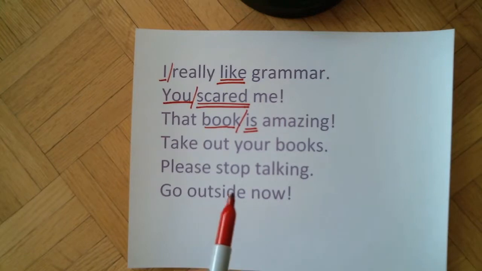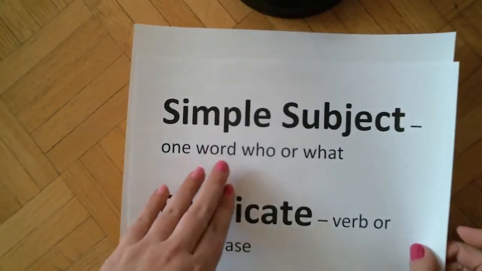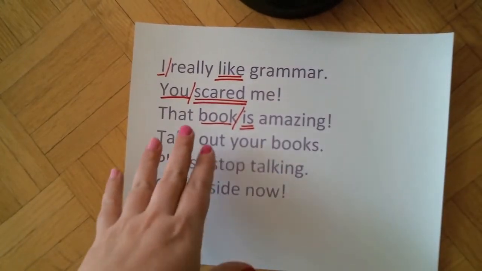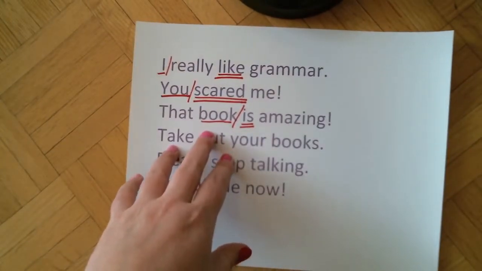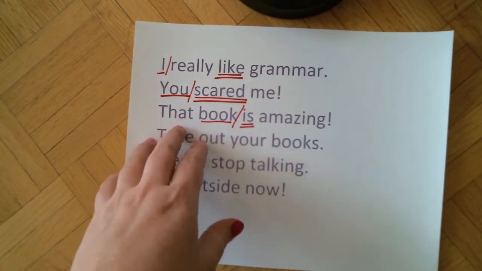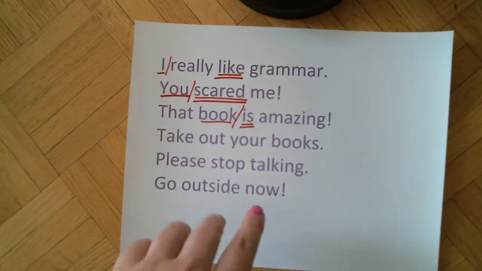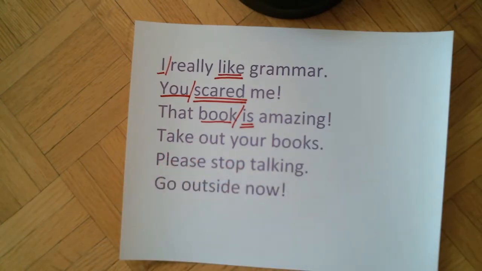Now, I said simple subject, one word, who or what. If I had more than one thing in here, like that book and that movie are amazing, then I have what's called a compound subject, and I can have more than one word underlined as my simple subject. That's the next video lesson though, so let's not get ahead of ourselves.